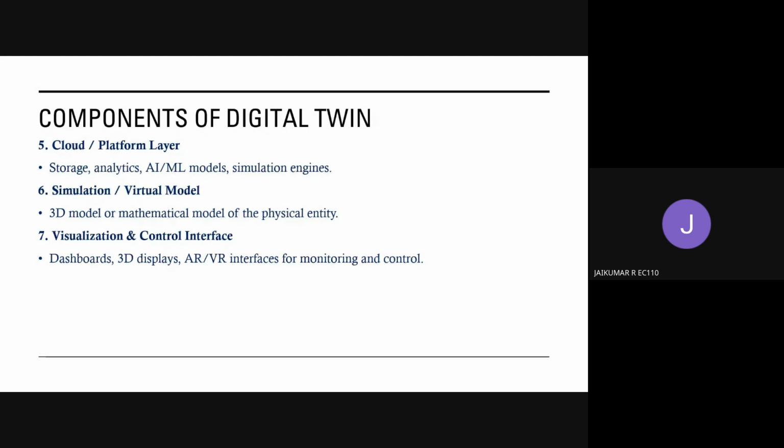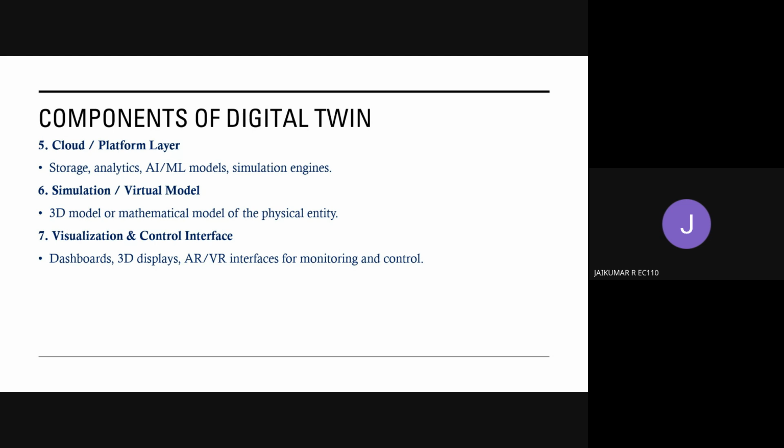Okay, the sixth point. Here we are saying that the 3D model or mathematical model of the physical entity, the digital twin, is updating its system functionality or behavior based on the sensor data. And finally, we should have some visualization system.